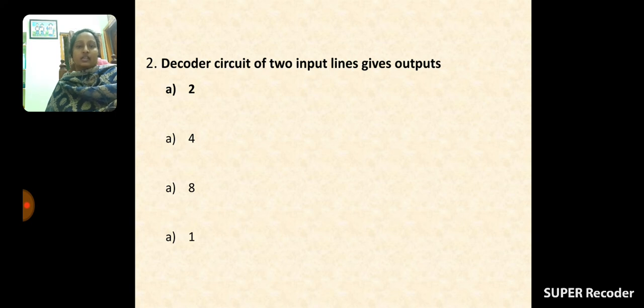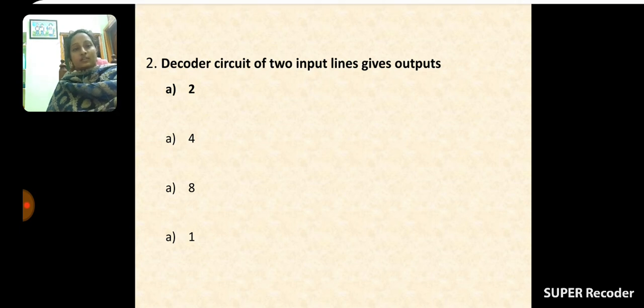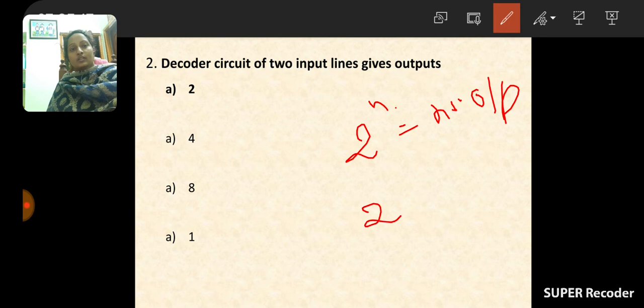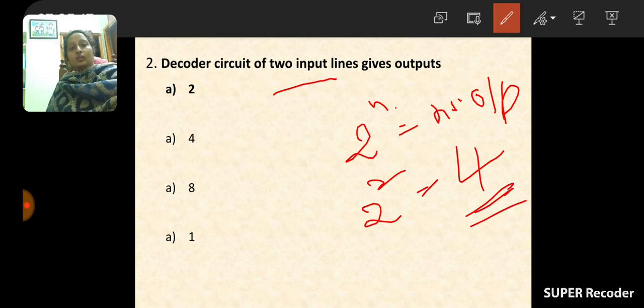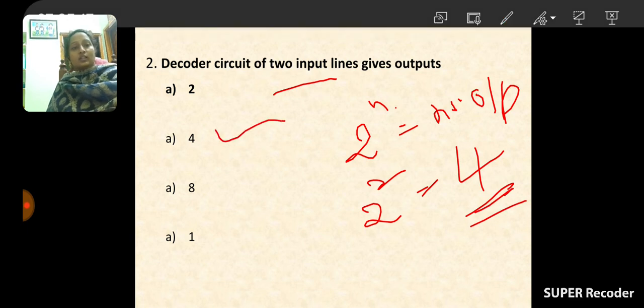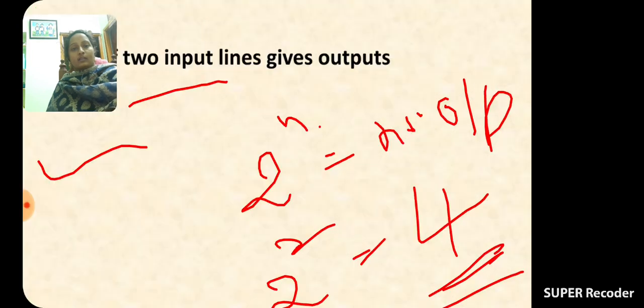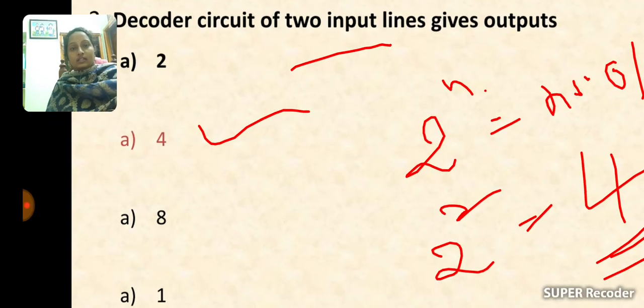Let me repeat the question: a decoder circuit of two input lines. Develop the logic first: 2 to the power of n is equal to the number of output lines. Here n is how much? They are giving 2. So 2 to the power of 2 is how many output lines we are getting? 4. So what is our answer? 4. Yes, it is 4.